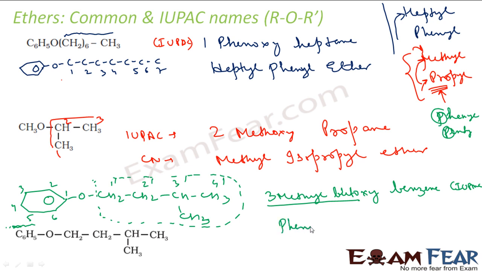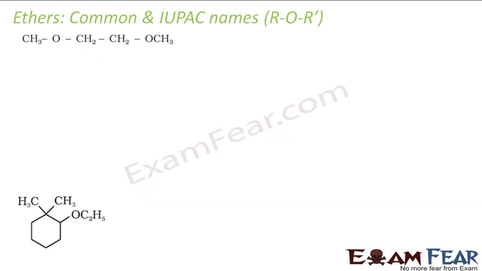So I'll make it phenyl, and this thing is isopentyl, and this is ether. So phenyl isopentyl ether. So I have one side phenyl, and the other side I have isopentyl.